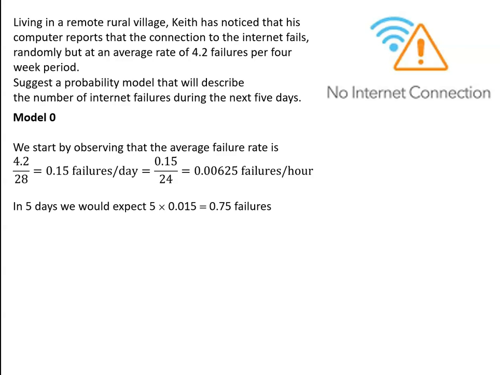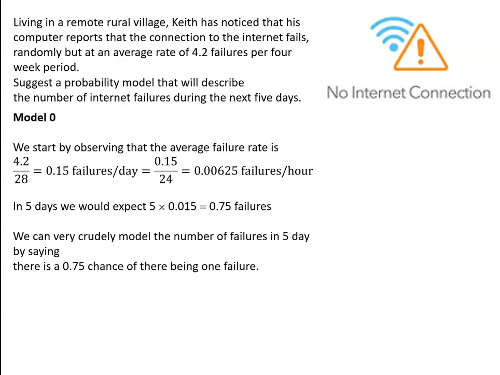So our first very crude probability model is simply going to say that there's a 0.75 chance of there being 1 failure and a 0.25 chance of there being no failures. That will certainly give us our expected failure rate of 0.75 failures over the course of the 5-day period.